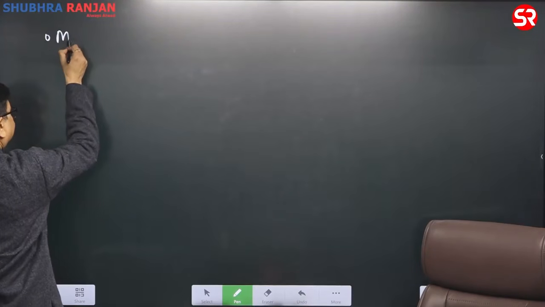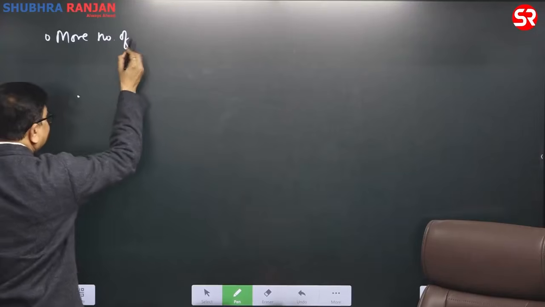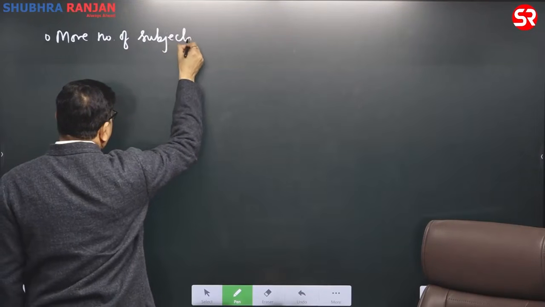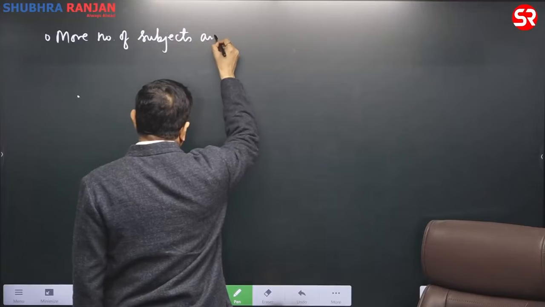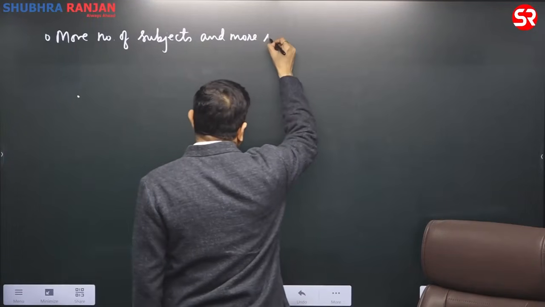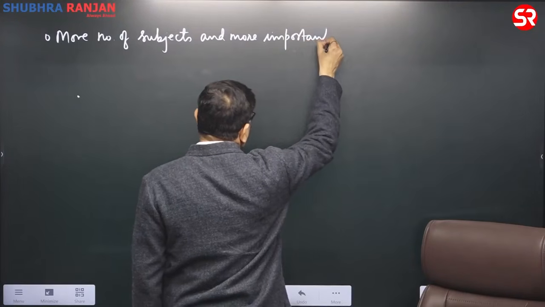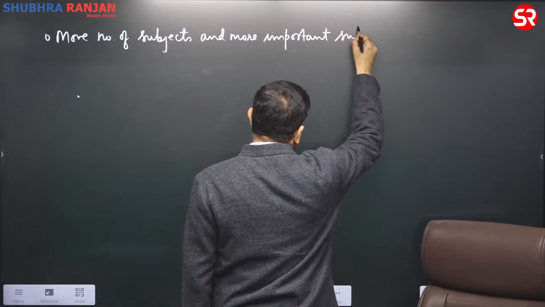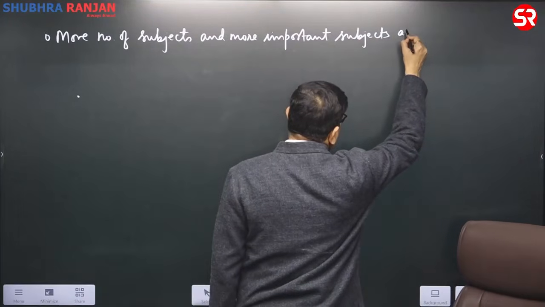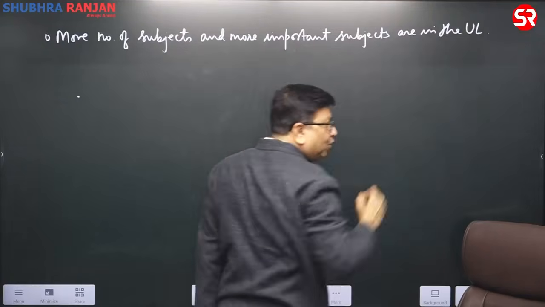First, more number of subjects and more important subjects are in the union list.